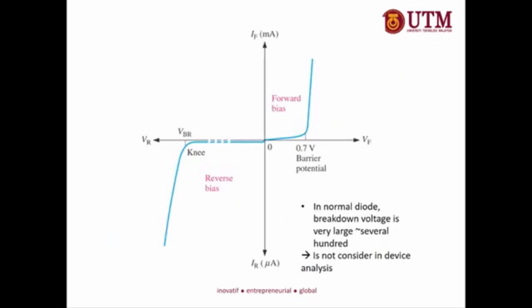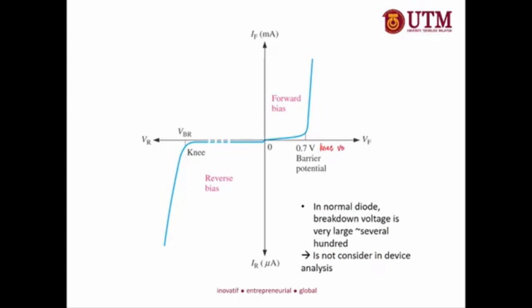Okay, so now we have the complete IV characteristic of the diode. You see here, this is forward bias. Forward bias is usually positive voltage. Below the barrier potential, or we call it the knee voltage, here, this is the knee voltage.